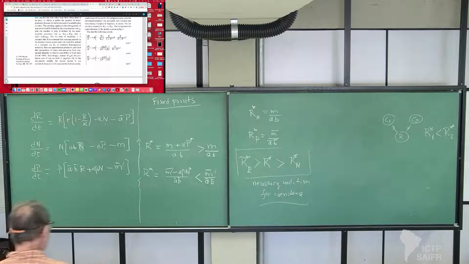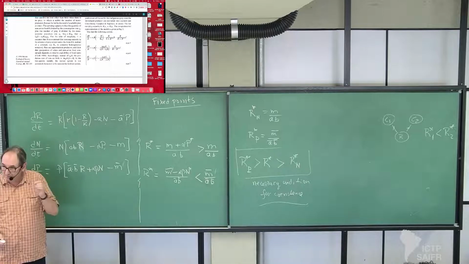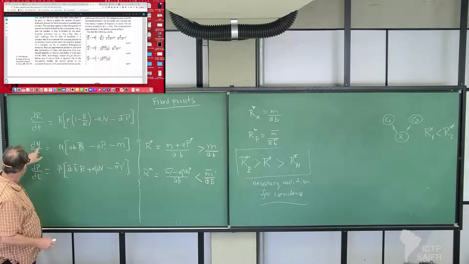Okay, so let's calculate. If we eliminate P, we don't have it. We have just N and R, which is a consumer-resource system. What will be the equilibrium between N and R?